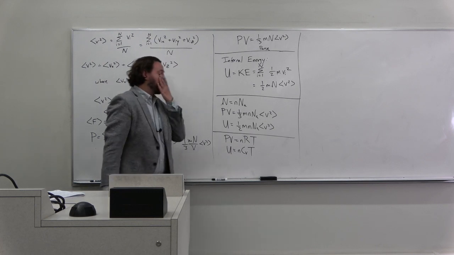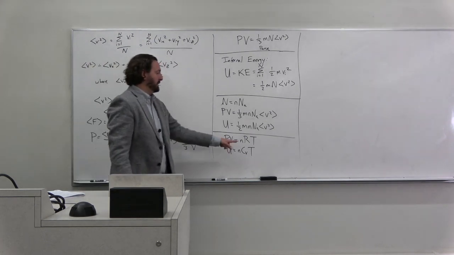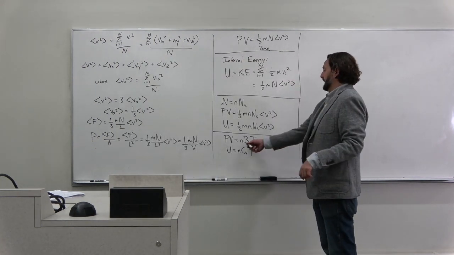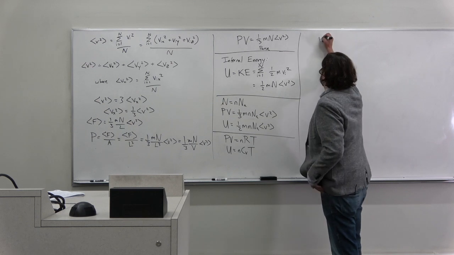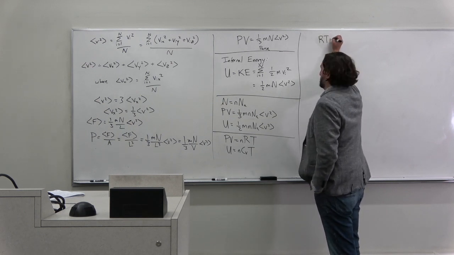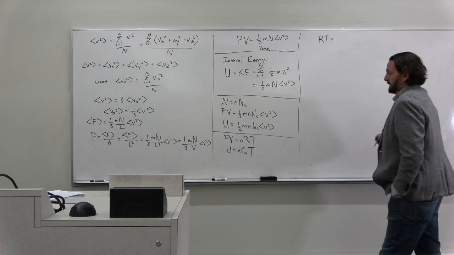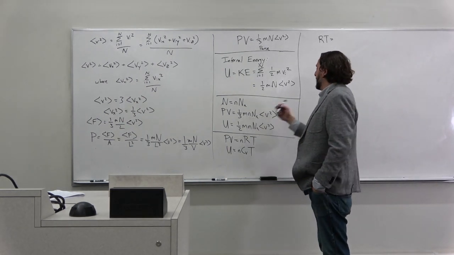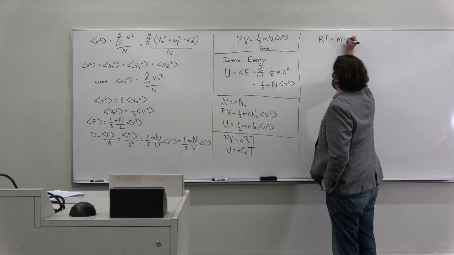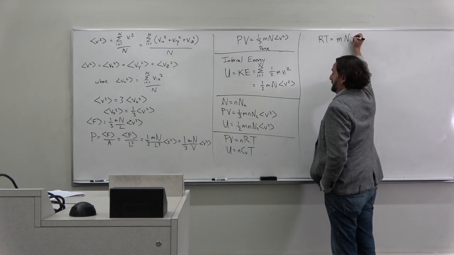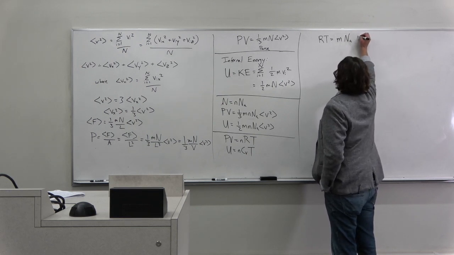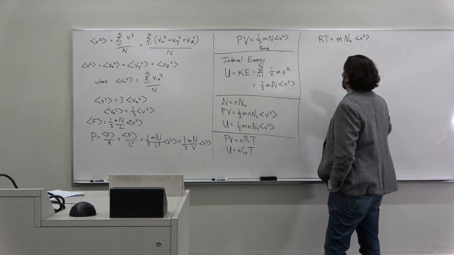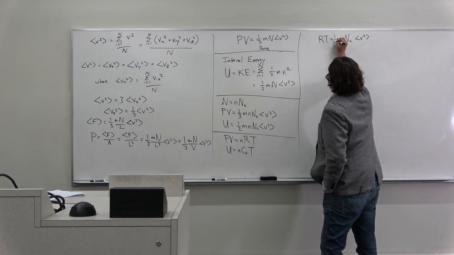So now we have to ask, okay, this would be totally consistent if RT was equal to m NA v squared times 1/3.